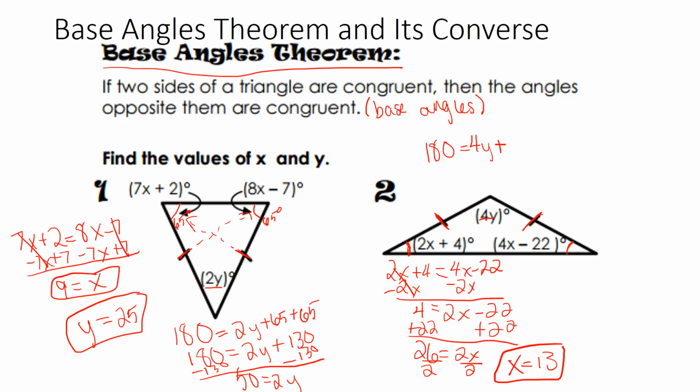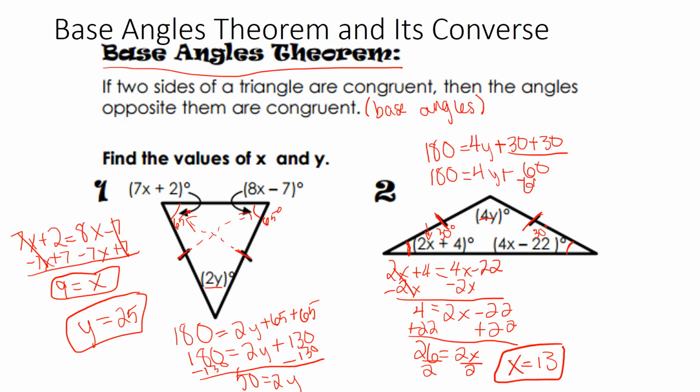If we plug x back in for this angle, we have 2 times 13, which is 26, plus 4 is 30 degrees. Since they're congruent, the other angle is also 30 degrees. So back to our equation, 180 is equal to 4y plus 30 plus 30. Well, 30 plus 30 is 60.